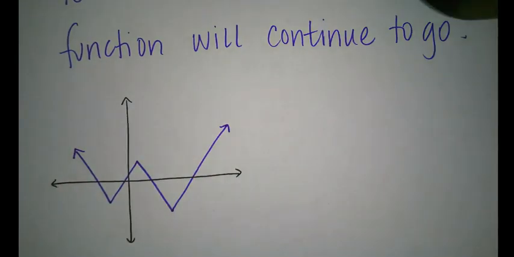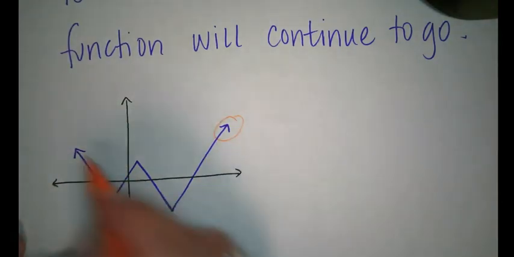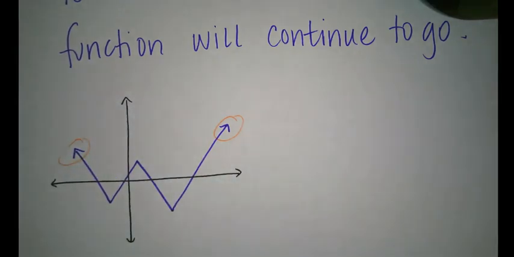So what we're going to do is we're going to look at the ends of the graph. So by the ends of the graph, we're talking out here and out here. So those are the ends of the graph. And we can see that there are arrows on the ends.